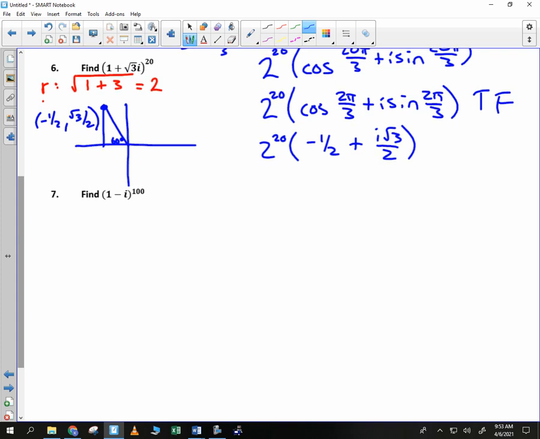So we're almost there. When we distribute the 2 to the 20th, we get negative 2 to the 20th over 2 plus 2 to the 20th i roots of 3 over 2.